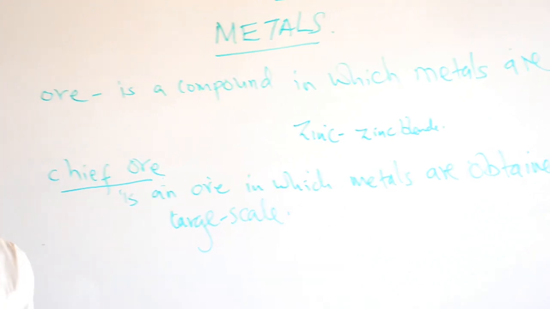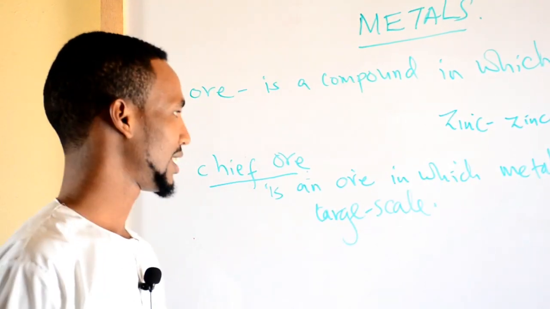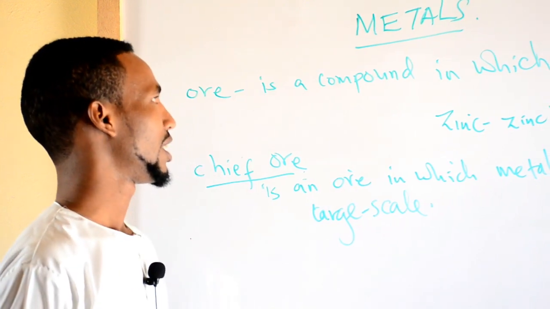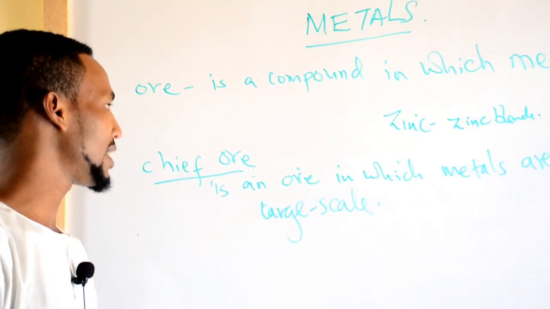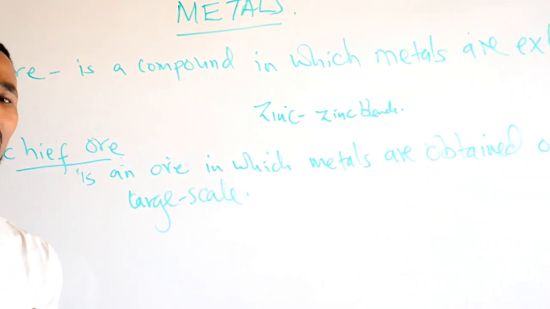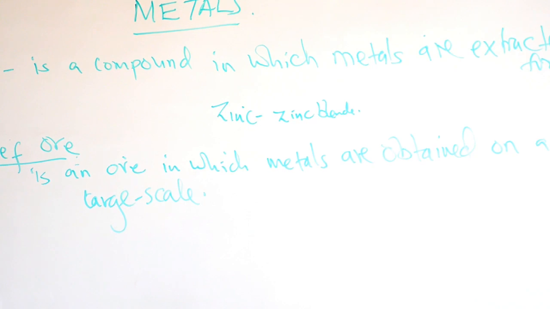What do we mean here by large scale? We mean in large quantities. So a chief ore is basically an ore from which a metal is obtained on a large scale, in large quantities.